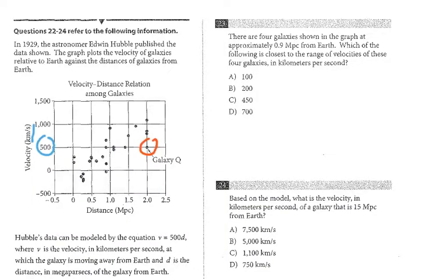For number 23, we're looking for the range of the velocity of these 4 galaxies. So what's the range of data? That's the maximum value minus the minimum value. So we know that over here, that's the highest one, and this is the lowest one.